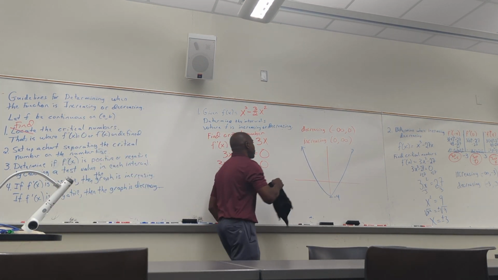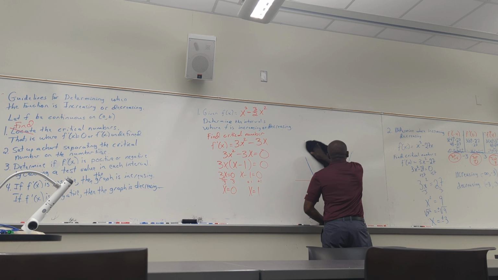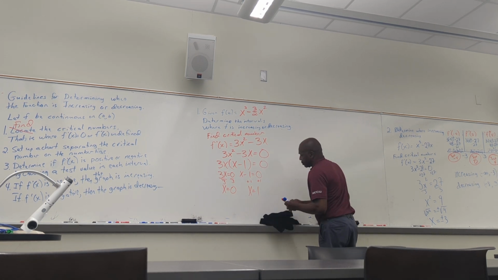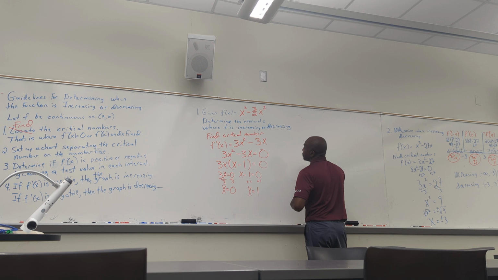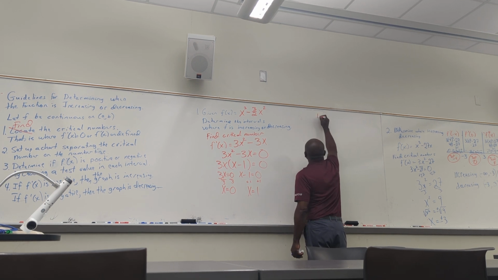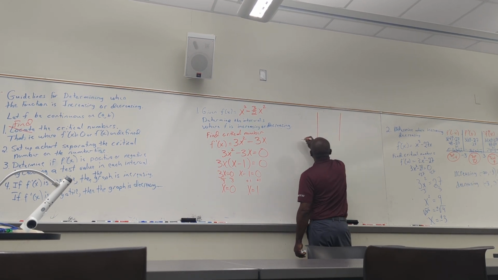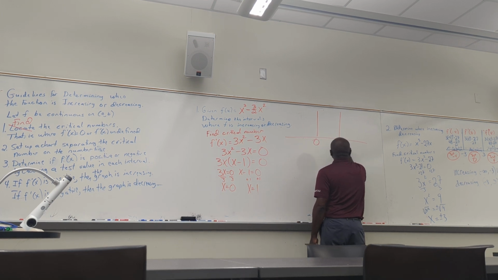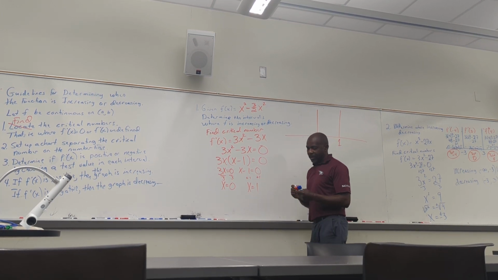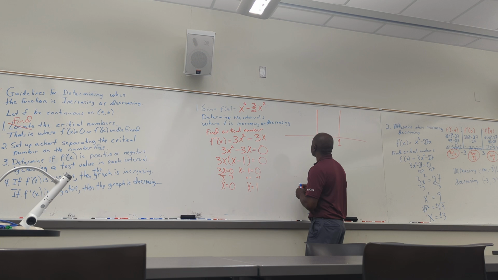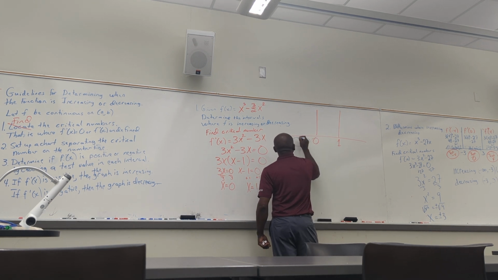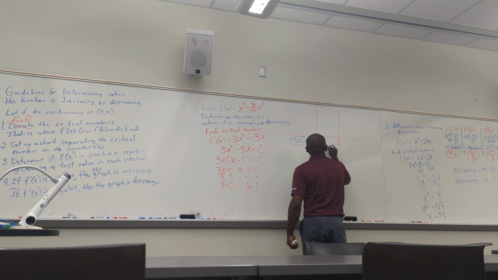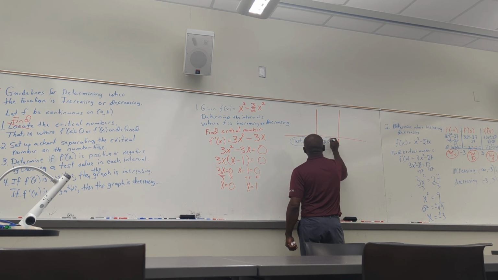So we set up our little chart. So this is 0, and this is 1. Now what value would you like to test right here? Negative 1. What value would you like to test in here? 1/2.